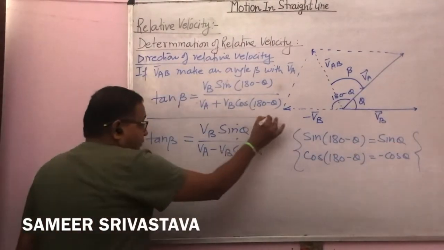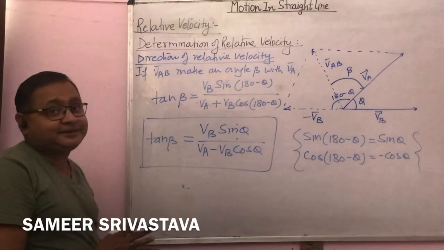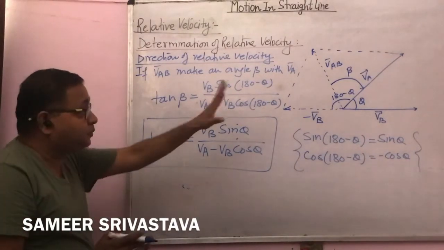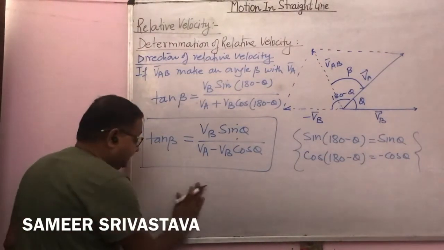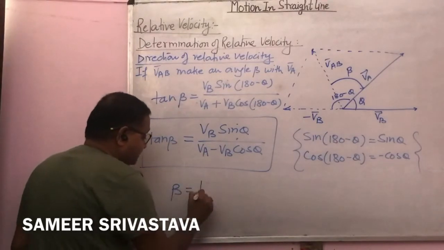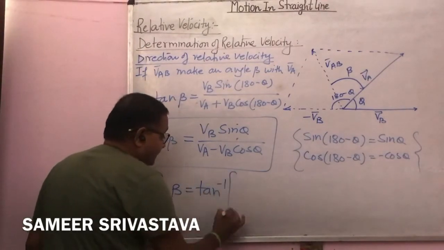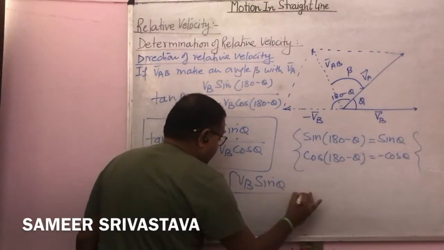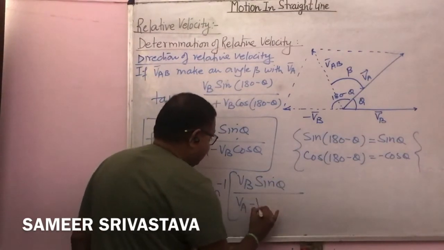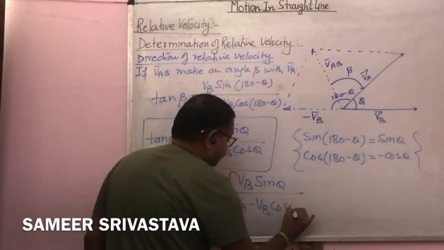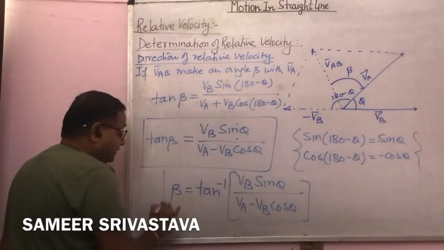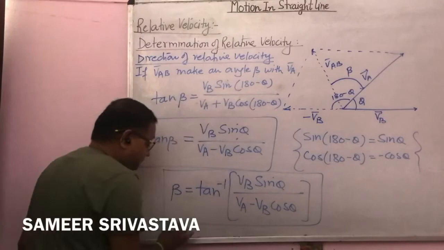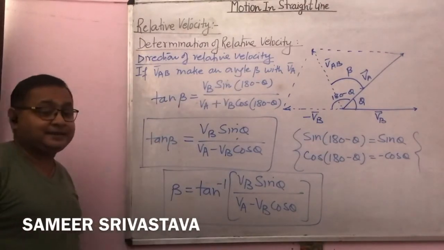So this is the formula to determine the direction of the resultant with respect to a given vector, or we can write beta equal to tan inverse of VB sin theta upon VA minus VB cos theta. Okay students, so this is the formula to determine the direction for the case of the resultant, right?